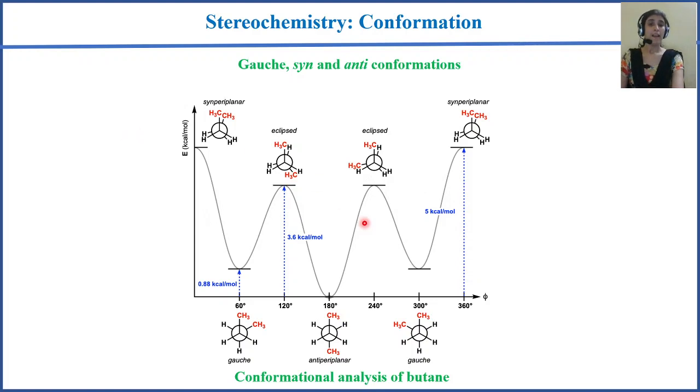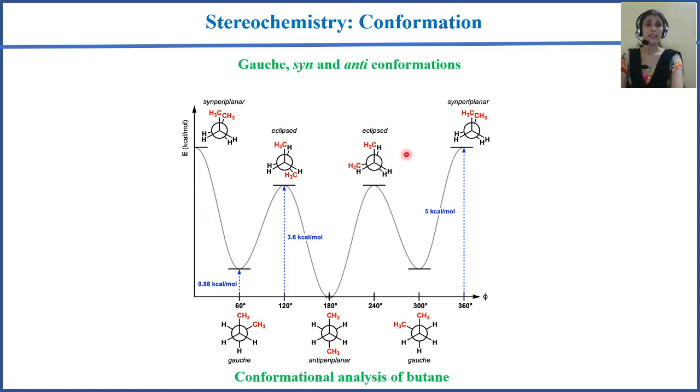Now, in case of torsional angle, after 180, we will term this one as minus 120 degree. That is, in case of dihedral angle this is 240 degree, and in case of torsional angle, it is minus 120 degree. It will show the direction.